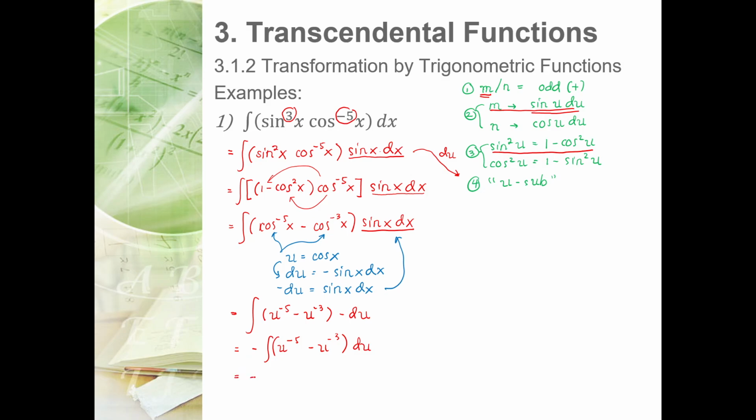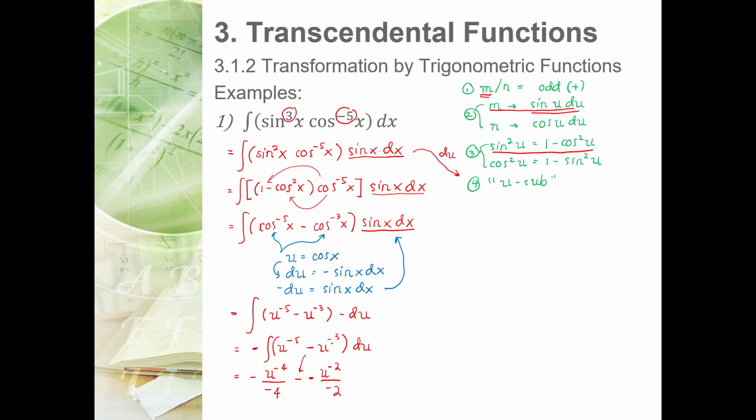So that's negative, u to the power of negative 4, so n plus 1 all over negative 4, then minus the negative here, u to the negative 2 all over negative 2.